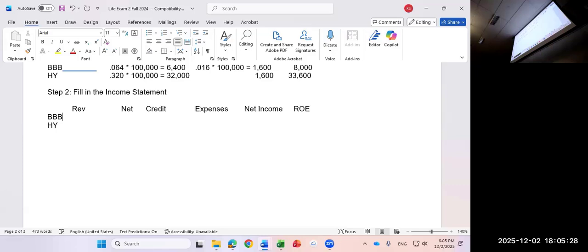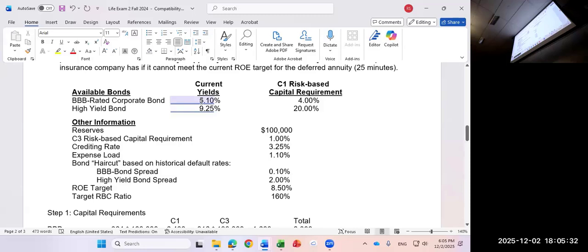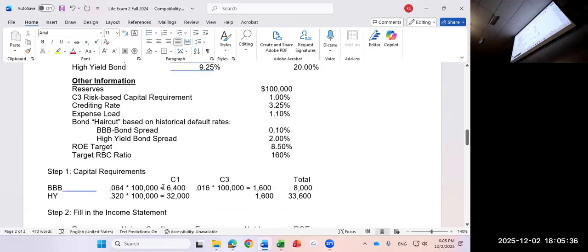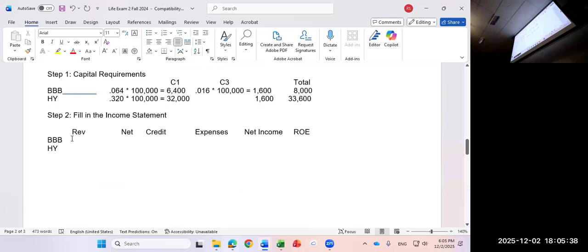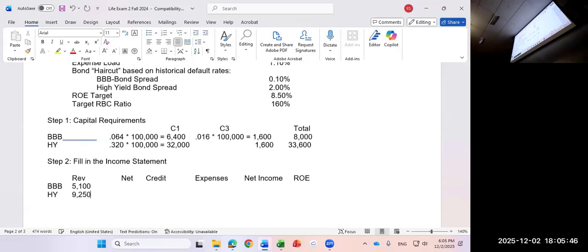What's your revenue? Well, the bond is making 5.1% and 9.25%. So you just multiply those. This bond will give you 5,100. This bond will give you 9,250. Y'all stop me if I do something that doesn't work.